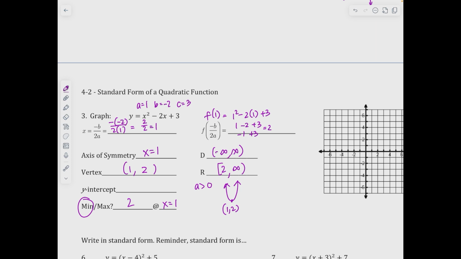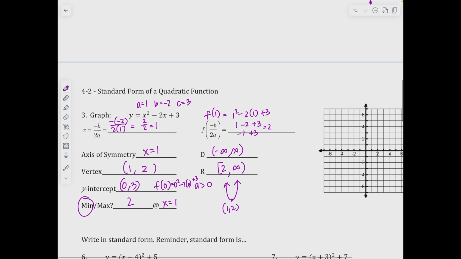My y-intercept, what you should be noticing now is this. My y-intercept, 0 squared minus 2 times 0 plus 3. Every time you put in a value for x, all the zeros for x, everything cancels out. What you should be noticing now is this. Your y-intercept is 0, comma c, your constant.